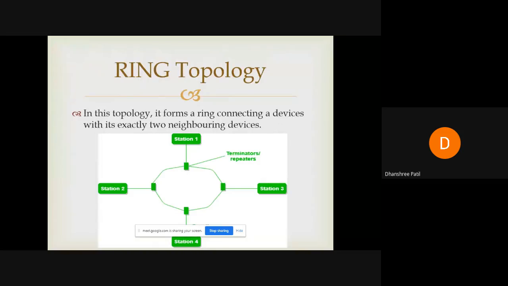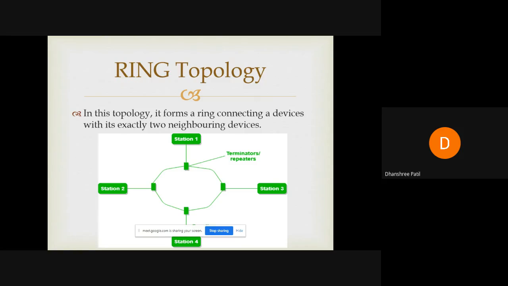The next one is the ring topology, where the nodes are connected with exactly two neighbors. You can see here this node is connected to this and this is connected to this, and this connection forms a ring-like structure. So that is nothing but the ring topology.